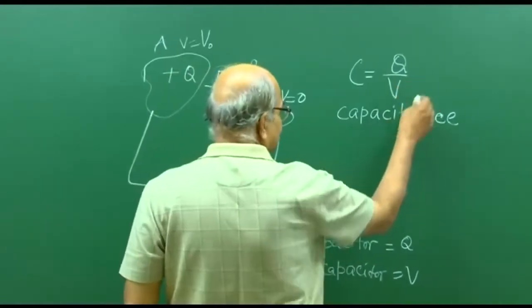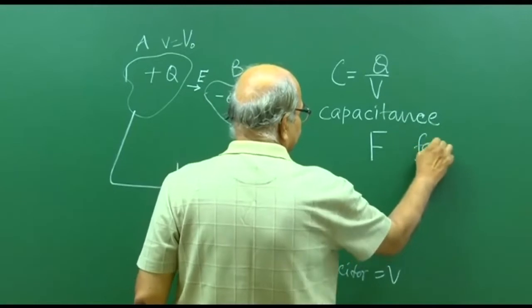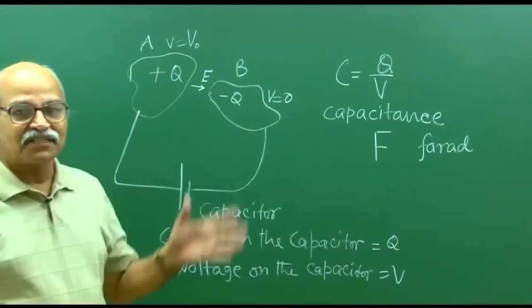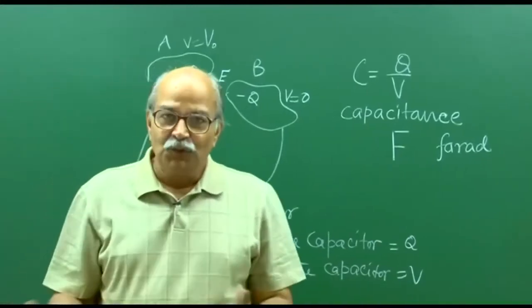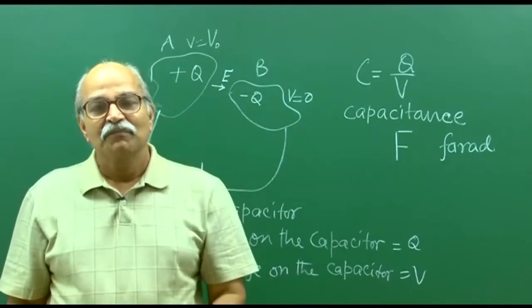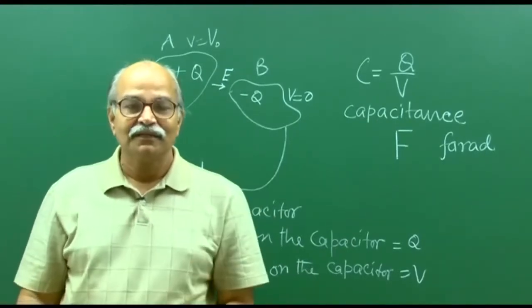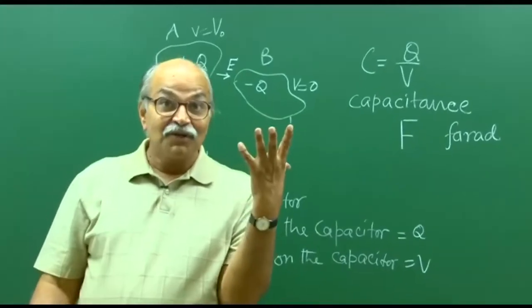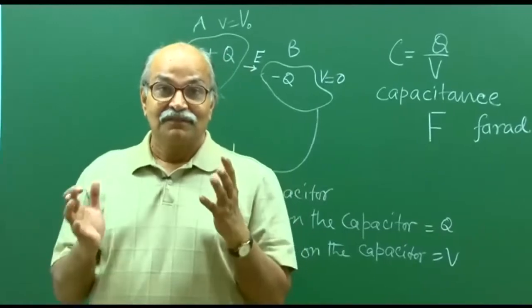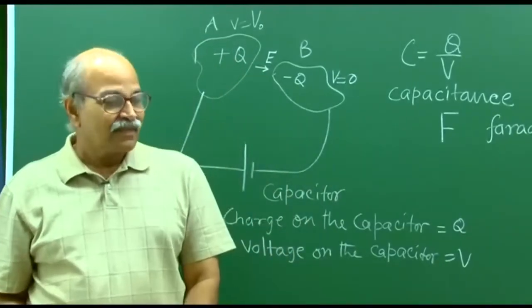So this is measured in farad, written as capital F. Normally the capacitors used in various circuits have capacitance in microfarads, a few tens of microfarads or 100 microfarad. 1000 microfarad will be called a very big capacitor or large value capacitor, and so on.